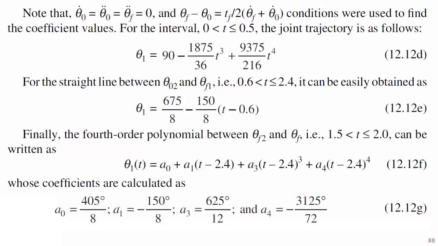Finally, the fourth order polynomial between theta f2 and theta f, that is 1.5 less than t less than equal to 2, can be written as theta 1 t is equal to a naught plus a1 into bracket t minus 2.4 plus a3 into bracket t minus 2.4 bracket cube plus a4 into bracket t minus 2.4 bracket raised to 4, whose coefficients are calculated as a naught is equal to 405 divided by 8 degree, a1 is equal to minus 150 divided by 8 degree, a3 is equal to 625 divided by 12 degree, and a4 is equal to minus 3125 degree divided by 72.